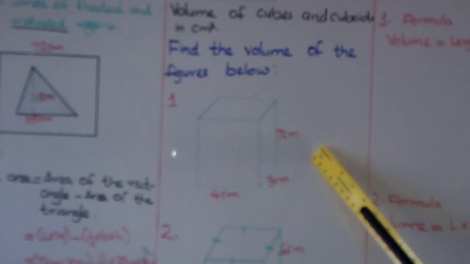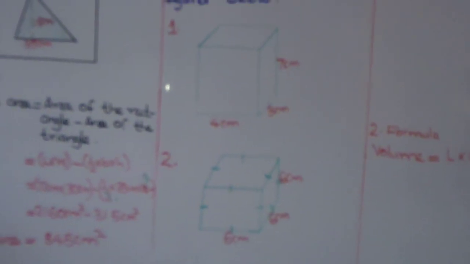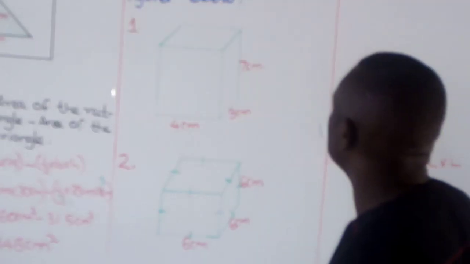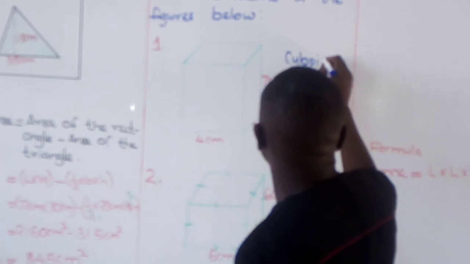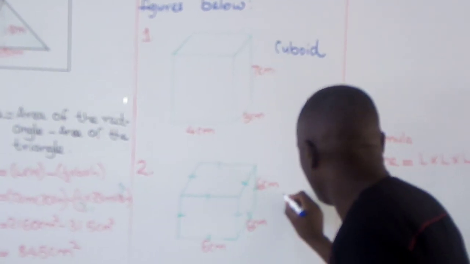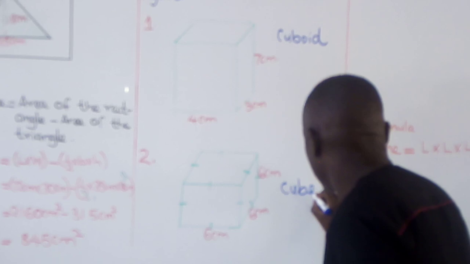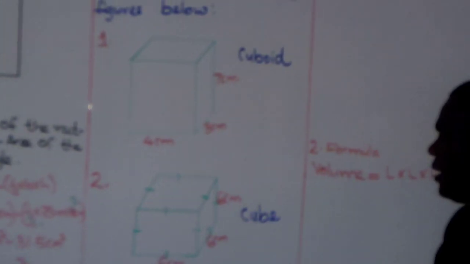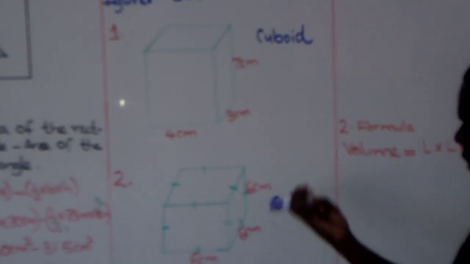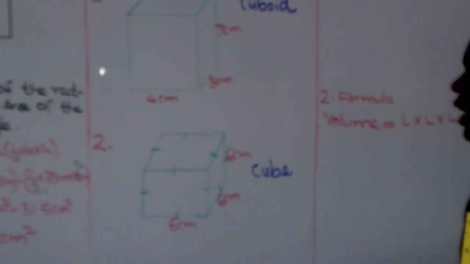This is a cuboid. This is a cuboid. And this is a cube. A cube has all the sides equal. All faces, all sides are equal for a cube.